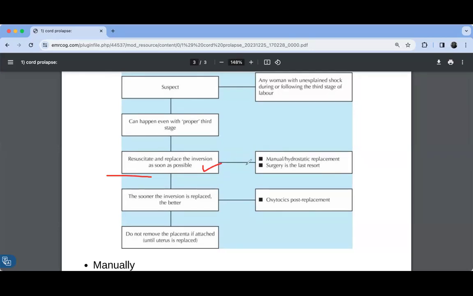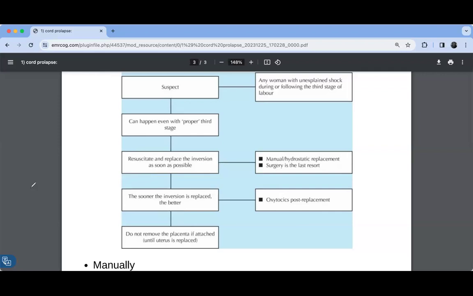The methods of replacing the inversion could be manual, hydrostatic replacement, or surgery as the last resort. The sooner the inversion is replaced, the better, of course. Then you can offer oxytocin post replacement and manage the postpartum hemorrhage as such. Don't remove the placenta if attached, please, until the uterus is replaced.